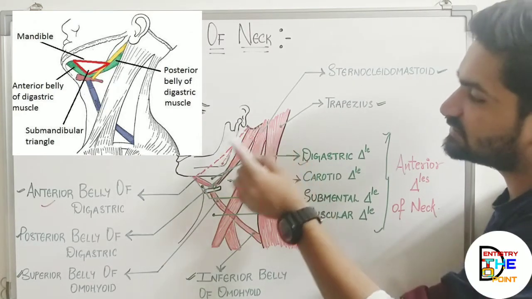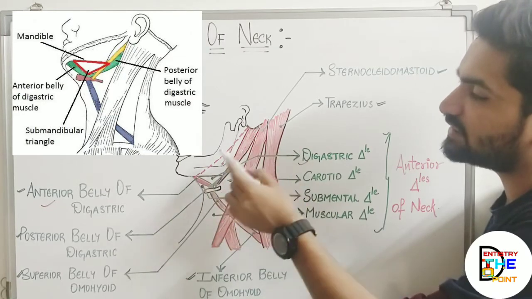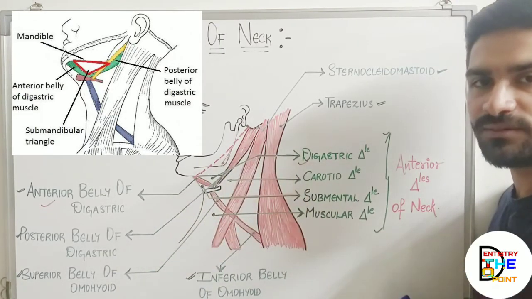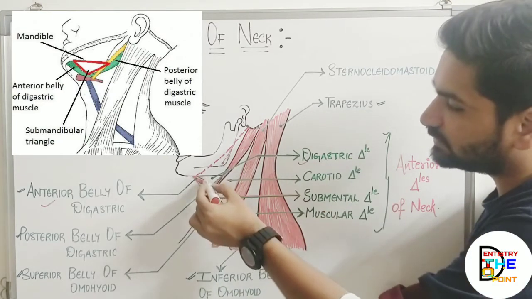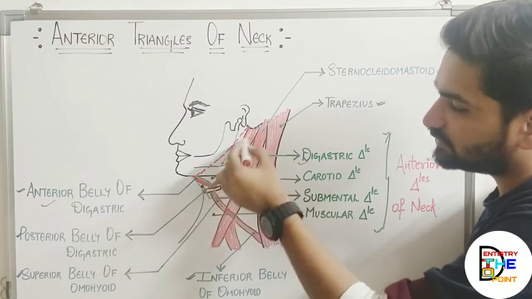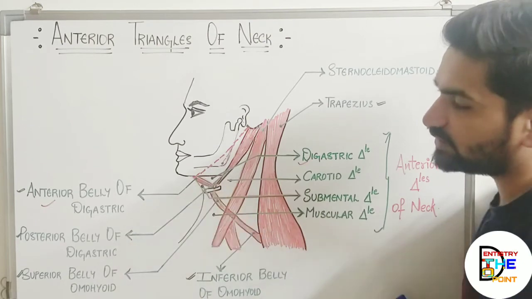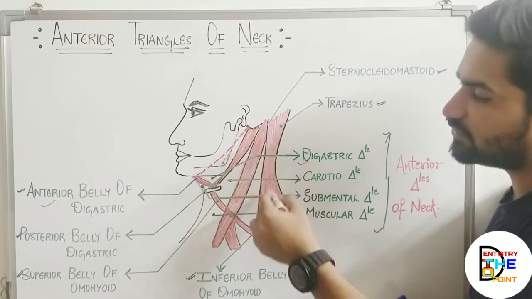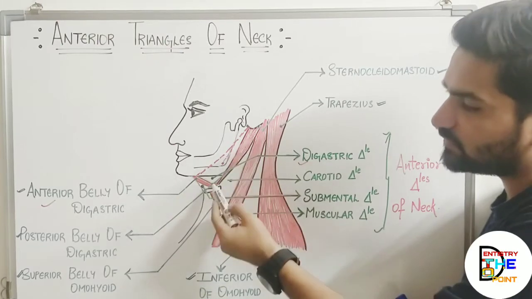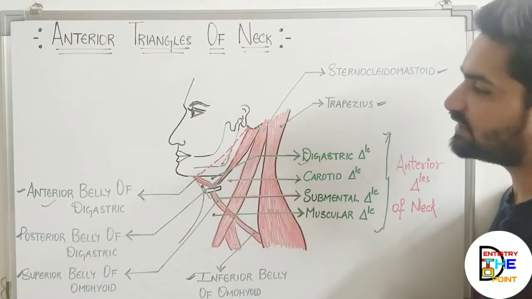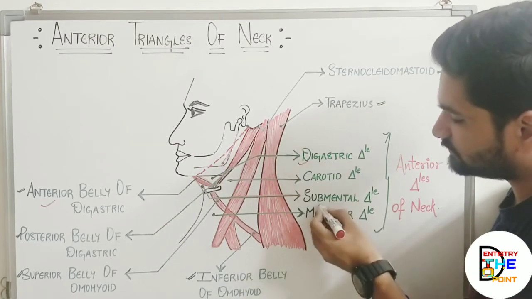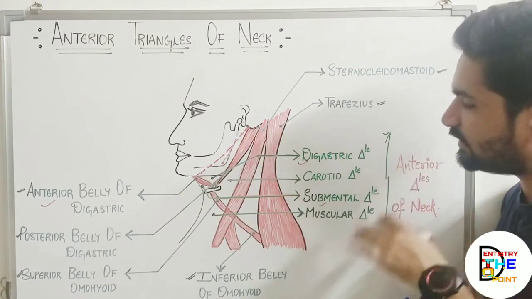That imaginary line creates the superior border, or the base, of the triangle. So this is your digastric triangle. Inferiorly it is bounded by the anterior belly of digastric, posteriorly and inferiorly by the posterior belly of digastric, and the base is formed by the imaginary line.